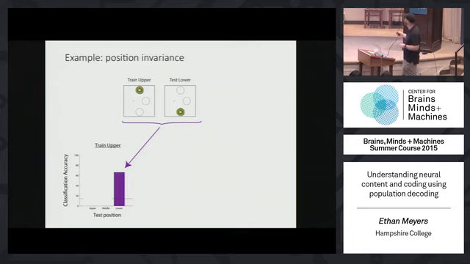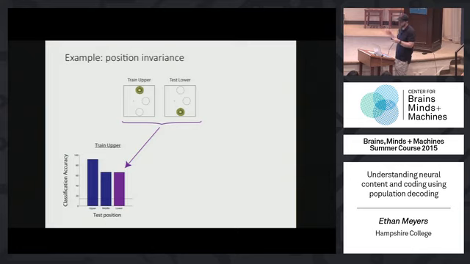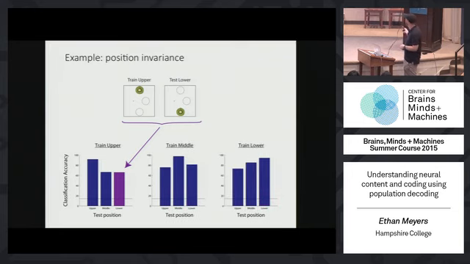We can also train at the upper and test at the middle location. And what we find is this pattern of results. So we're getting the best results when we train and test at exactly the same position, but we can see it does generalize to other positions as well. OK, and so we can do this full kind of permutations of things. So here we trained at the upper. We could also train at the middle or train at the lower location.